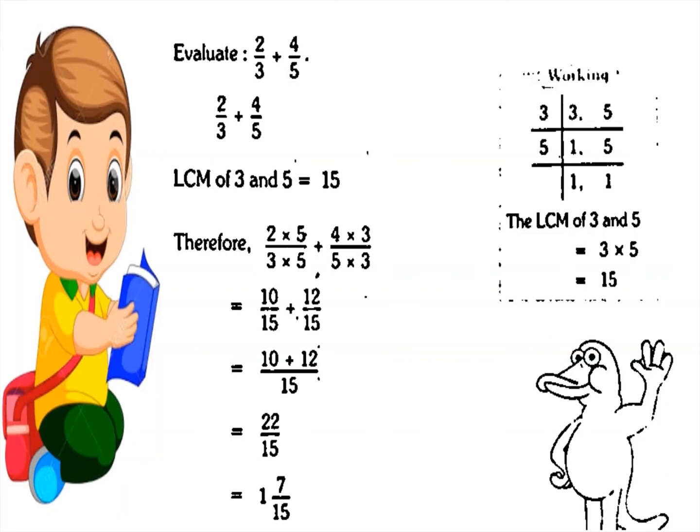We shall add both the numerators and copy the denominator. Then we will get 22 upon 15. Again, it's an improper fraction, so we shall change it into a proper fraction. That will be a mixed fraction. Okay? I hope you have got it.